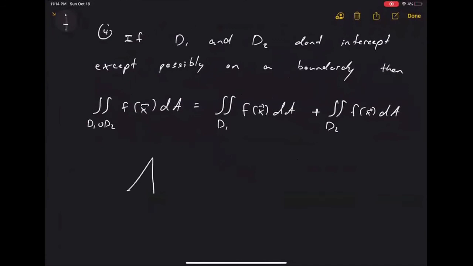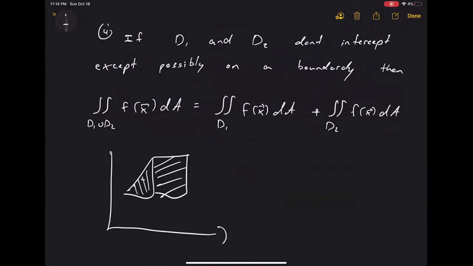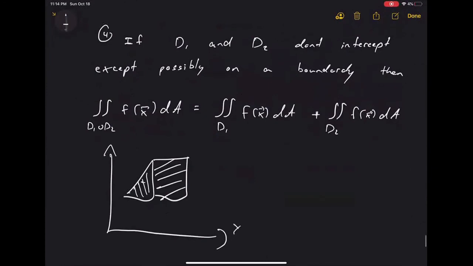So let's say this is D1, and then this here is D2. D1 and D2 together is just the whole thing. So if I wanted to integrate, let's say I was given this domain in the XY plane, and I was told to integrate on this domain.